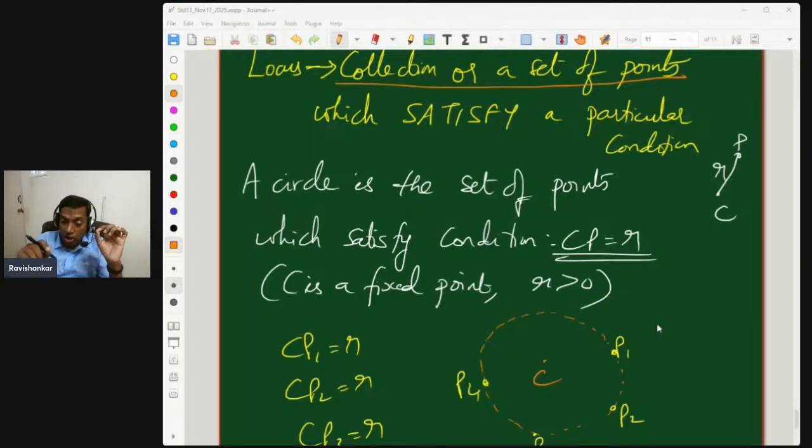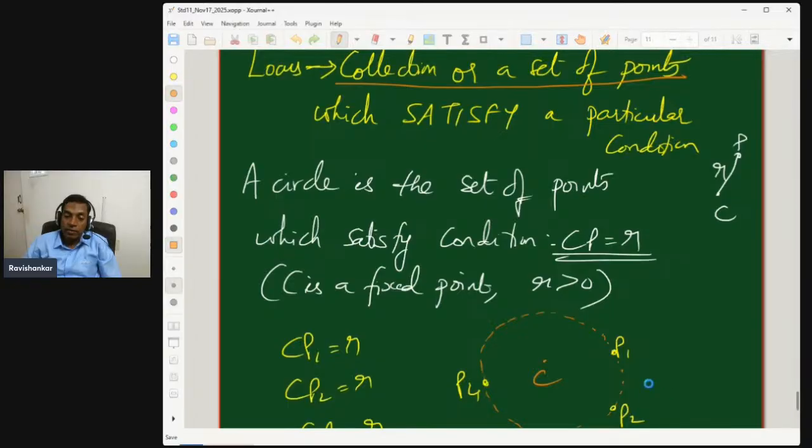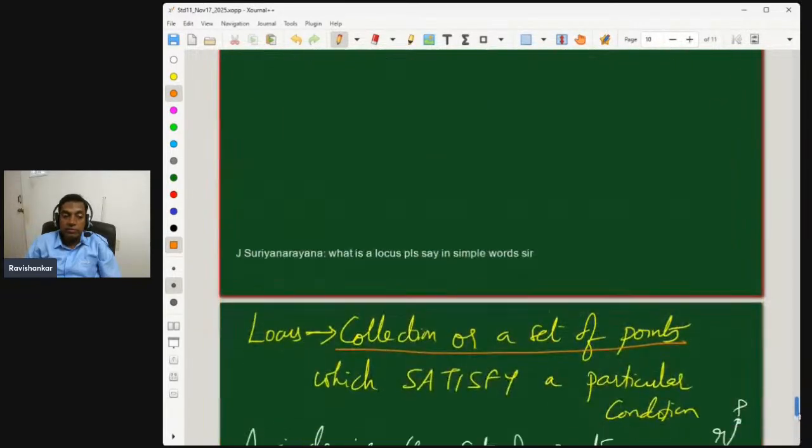If you draw a chord and if its midpoint subtends angle θ1 at the center, then locus of those midpoints means find the set of all such points which satisfy the condition that the chord of which they are midpoint will subtend θ1 at the center. And that means it's a set of points, and that set is also a circle because it has a radius and a center. That's why it's a circle of radius R1. I hope this is clear.